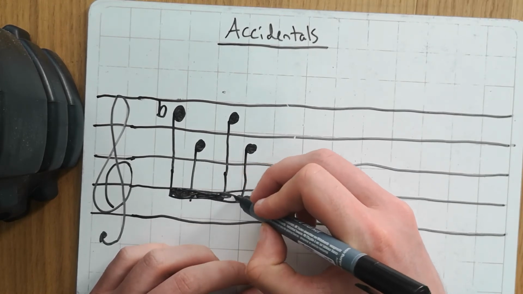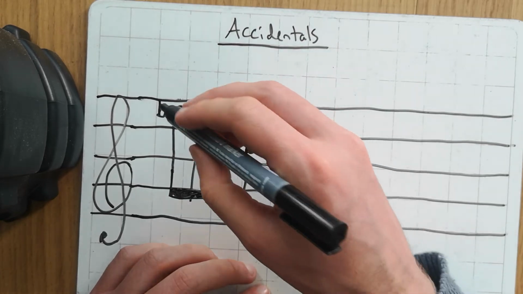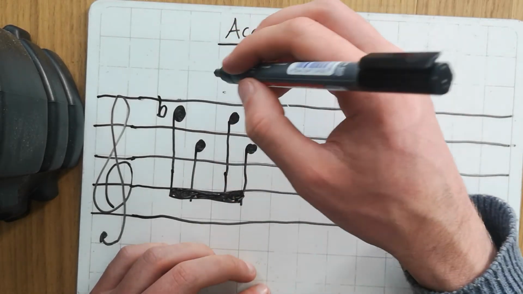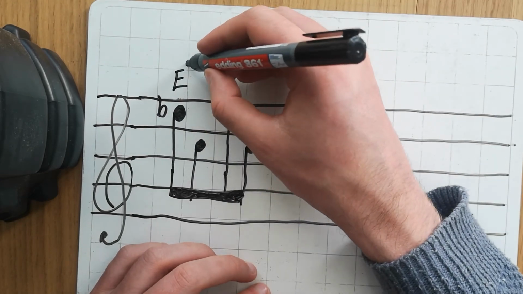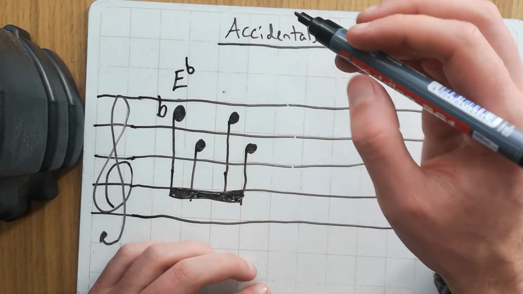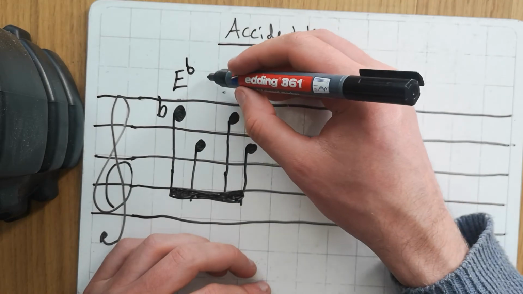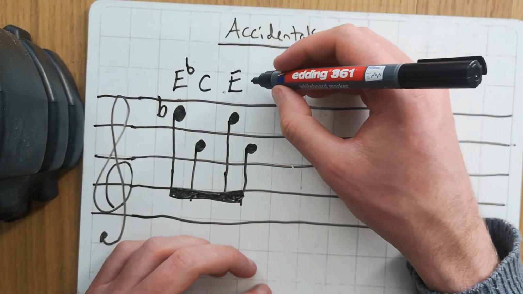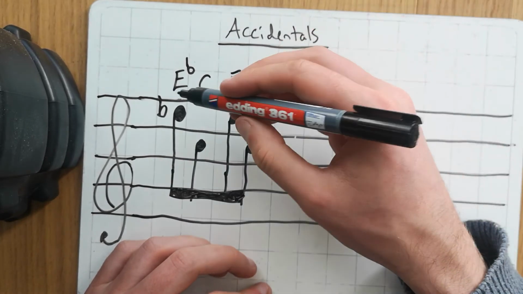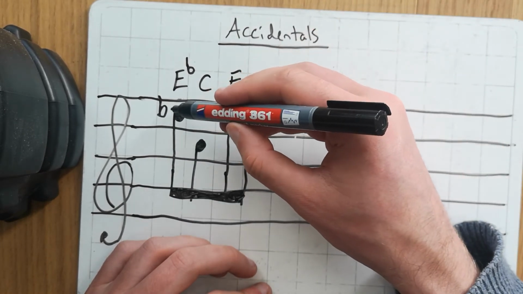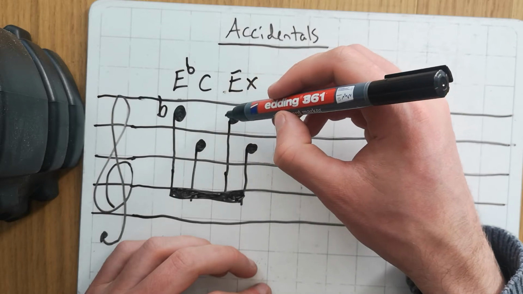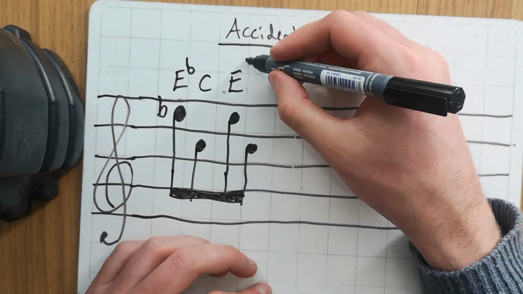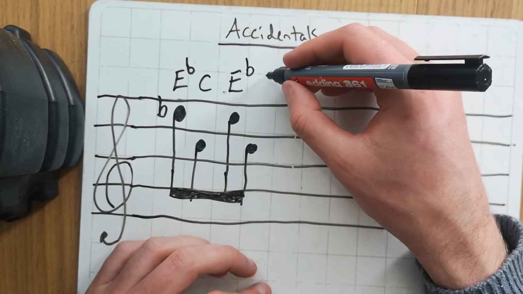Okay, we start off with our first note, which has got a flat symbol in front of it. So knowing my notes and spaces, I know that's an E flat. I then know the following note after it is a C. The note after it is not an E, because that flat symbol still counts. So that flat symbol will carry on for every note in this space. So it's not an E, it's an E flat. Got another C.